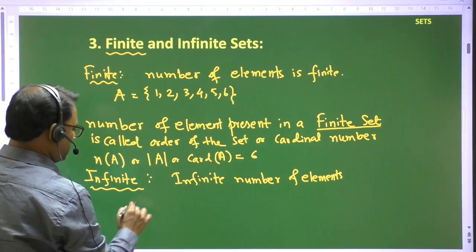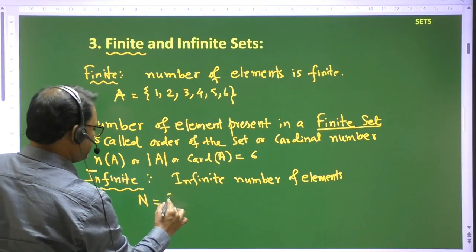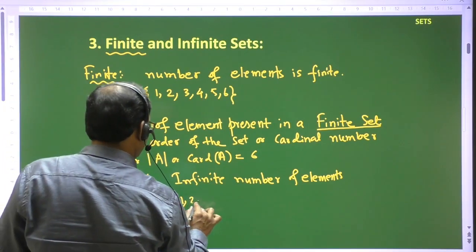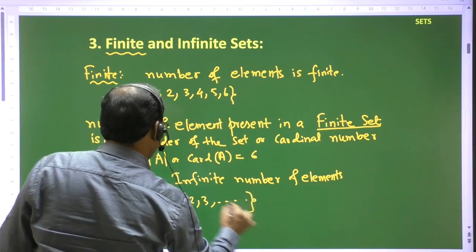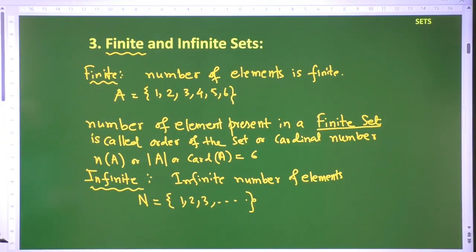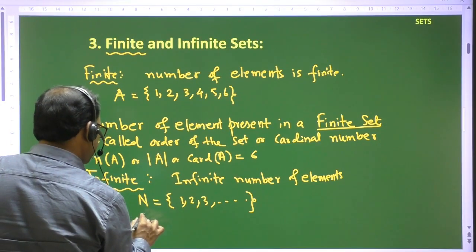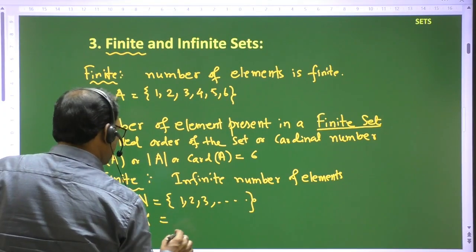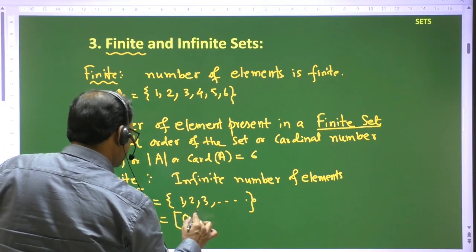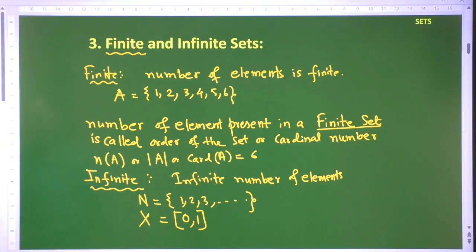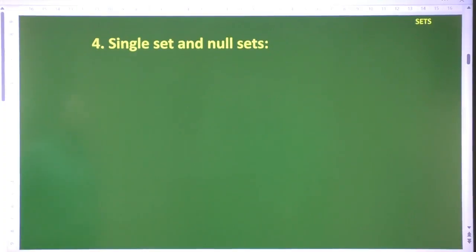For example, if I take the set of natural numbers which contains 1, 2, 3 up to infinity, the number of elements in the set is infinite and not defined. So we cannot calculate the cardinal number or the order of the set of natural numbers. Similarly, if you have a set like X equal to the closed interval 0 to 1, how many elements are there, we don't know.